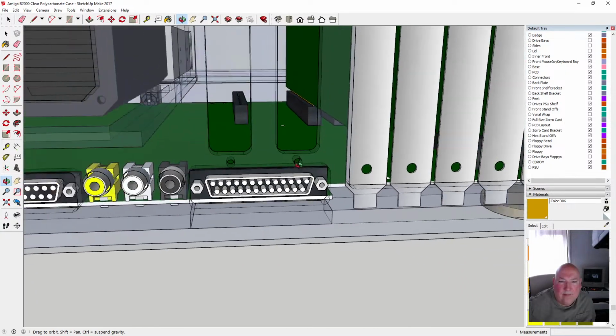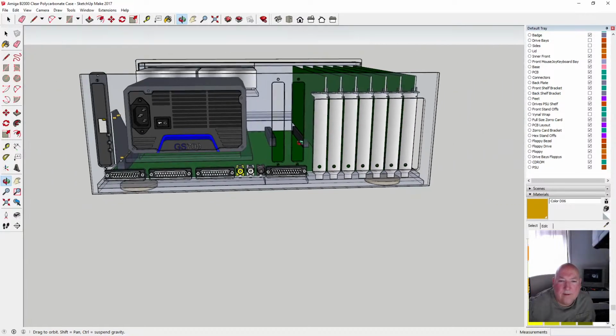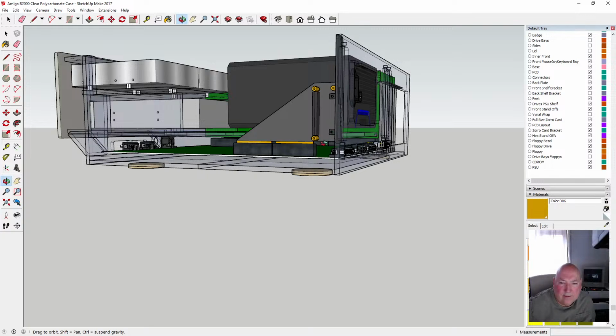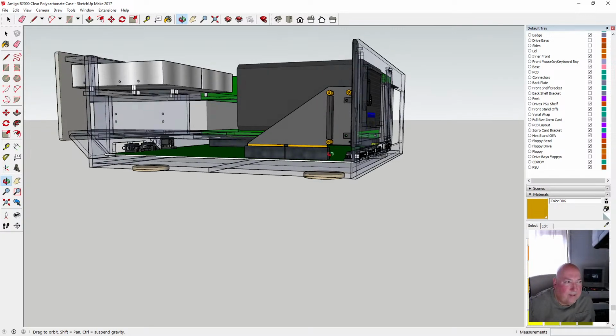I need another frame of reference. So what I could do is measure where that slot starts with respect to the PCB. Let's do that. So where does the slot start in respect to the PCB?